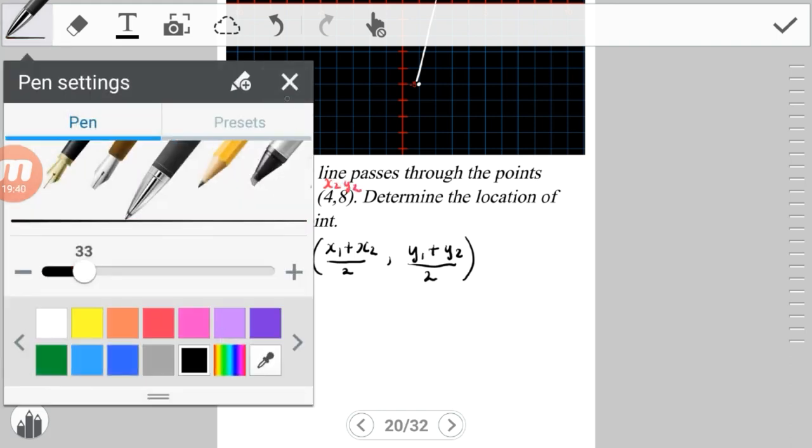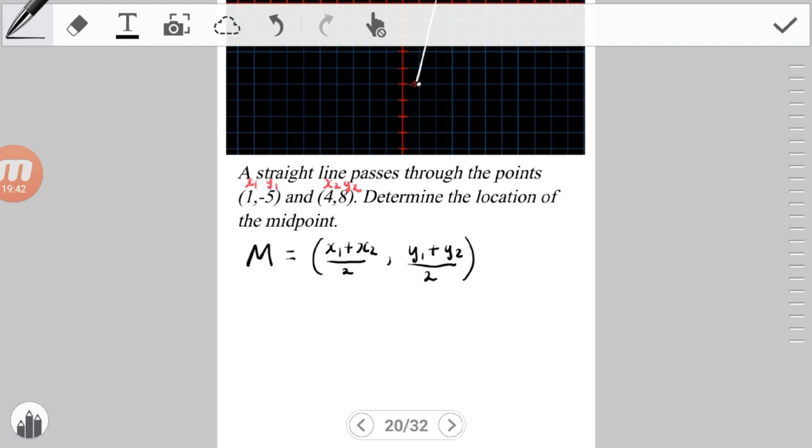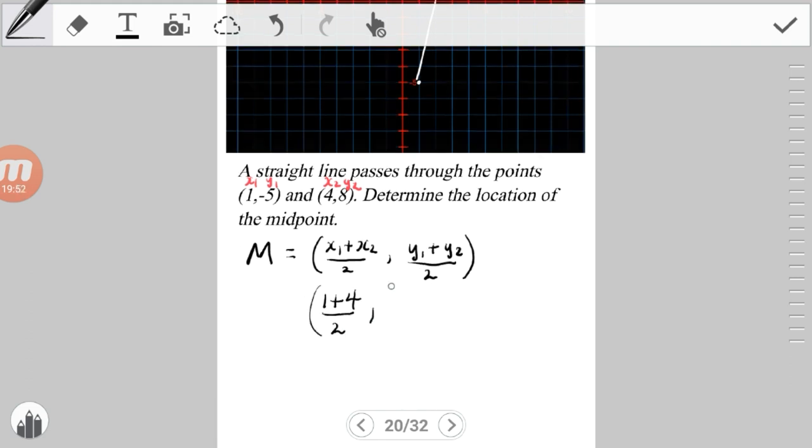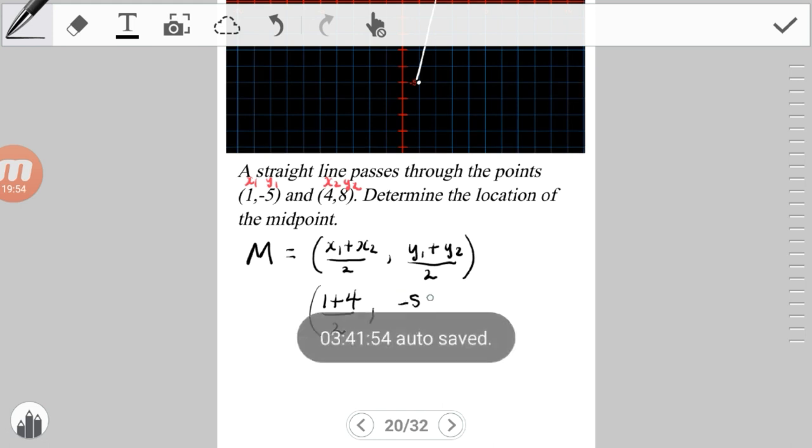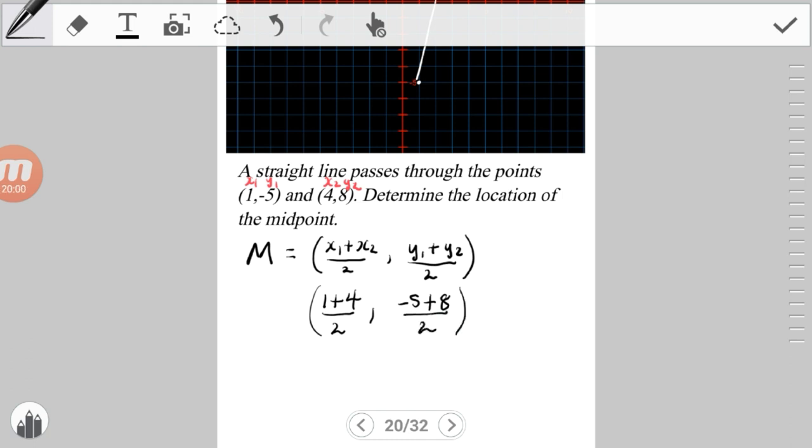Plug our numbers in. So x1 is going to be 1 plus x2 is going to be 4, that will be divided by 2. And y1 is going to be -5 plus y2 is going to be 8 divided by 2. All right, mathematically this becomes 5 over 2 comma negative 5 plus 8, that's 3 over 2.